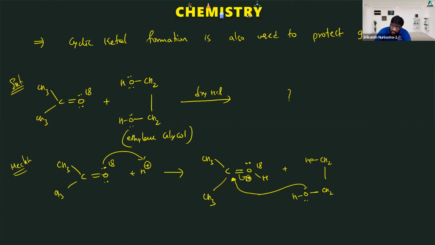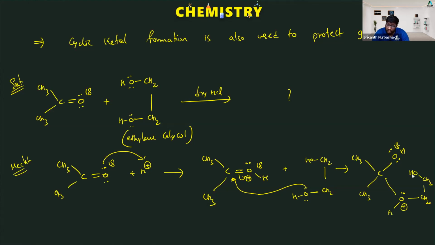The pi electron density moves away, forming CH3C with oxygen connected to the carbon, and the O18 oxygen regains its lone pair, OH, this carbon connected with CH3. The attacking oxygen will have only one lone pair now, with an OH bond and positive charge, connected with CH2, CH2OH.